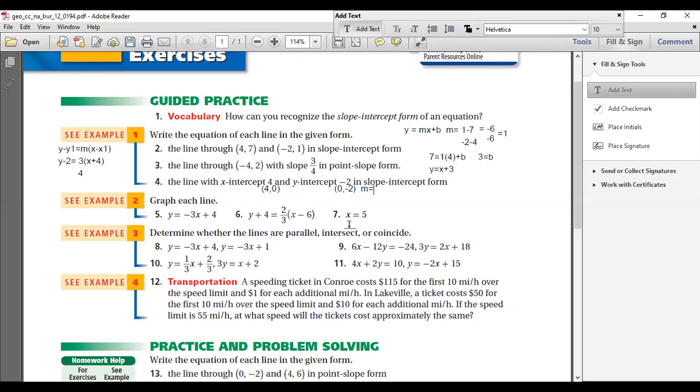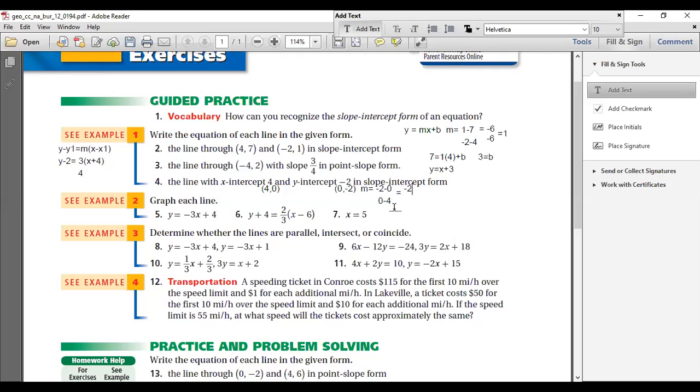So m is equal to y2, that's negative 2, minus y1, that's 0, over x2, that's 0, minus x1, that's 4. So negative 2 minus 0 gives you negative 2.